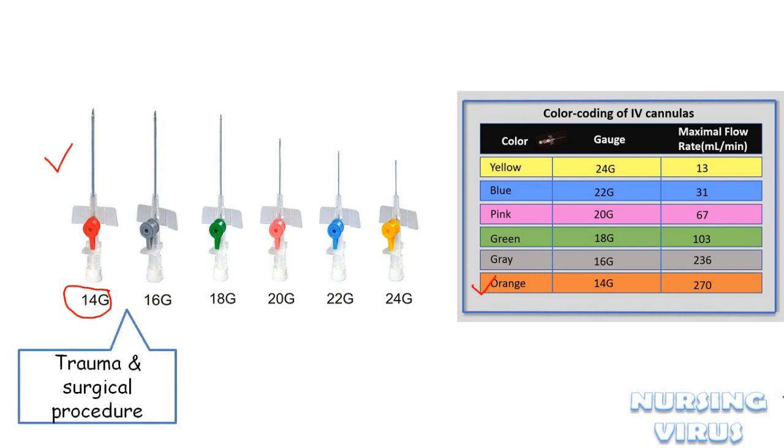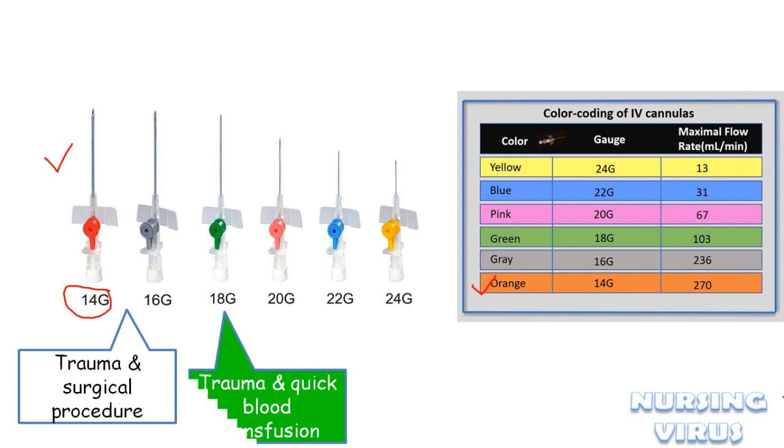The grey color is the 16 gauge venflon, commonly used in trauma and surgical procedures. The green one is 18 gauge, with a maximum flow rate of 103 ml per minute. This is also used for trauma and quick blood transfusion.